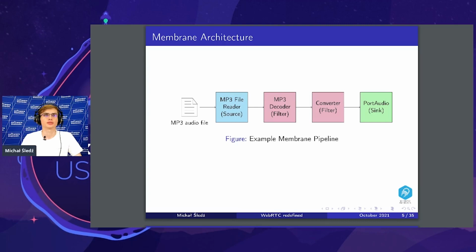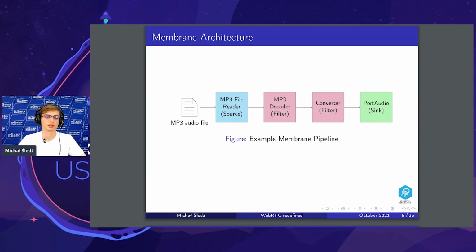On the left side, we have the MP3 file reader, and this element is of type source. In Membrane, sources are used to read data from a file or from the network and pass this data to some other Membrane elements. Next, we have the MP3 decoder, which is a filter.